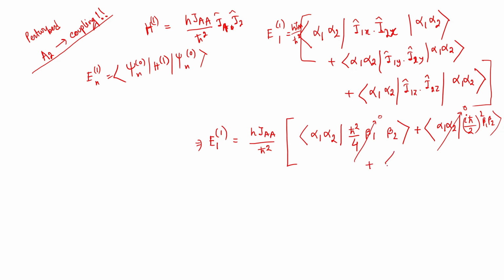Then for the z component we are going to get alpha 2 alpha 1. Here we are going to get h cross square by 4 alpha 1 alpha 2. So we are going to get something from here only. Similar like the AX system, right? We are going to get something like this, because h cross square.